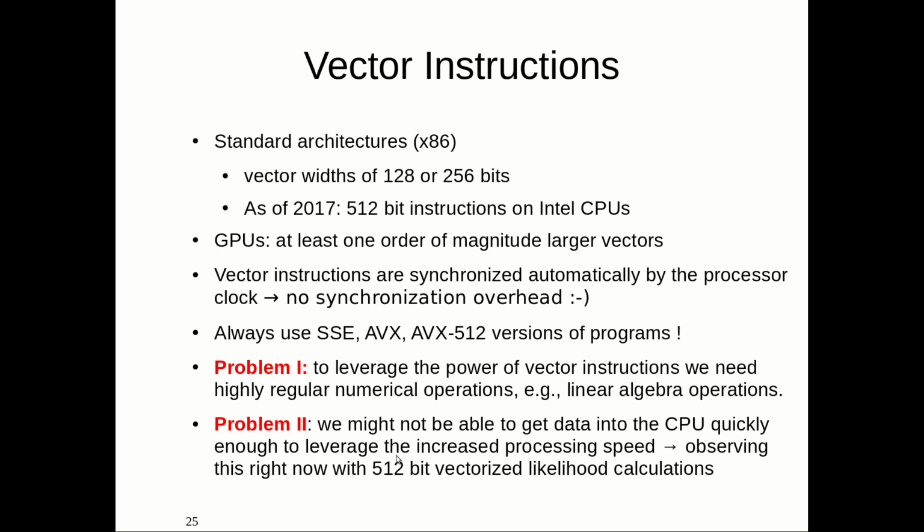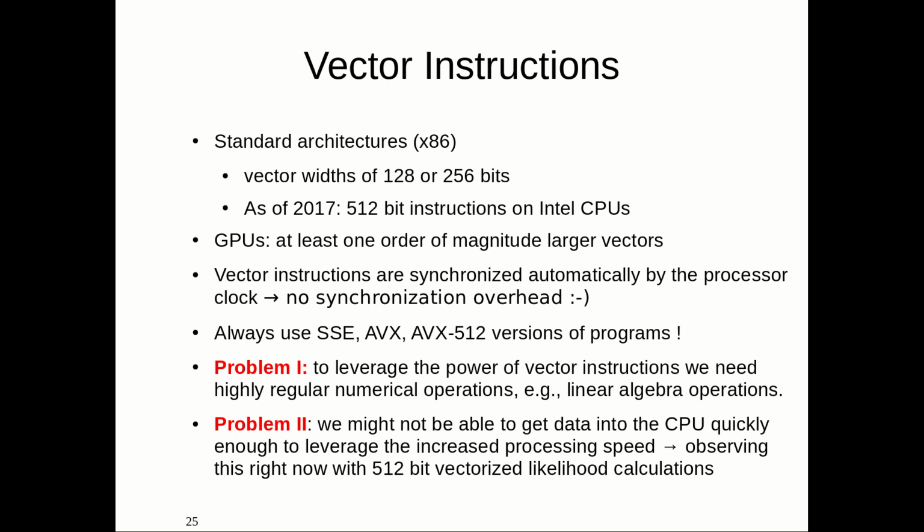So this is something we've observed with a 512-bit vectorized implementation of likelihood calculations on phylogenies, right? Because if you use vector instructions, what this means is that you can process more data per second, or more data per clock tick.